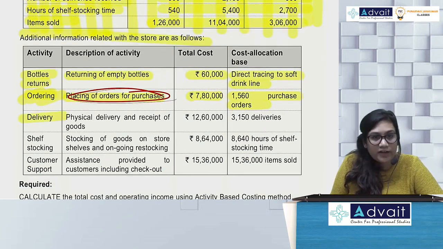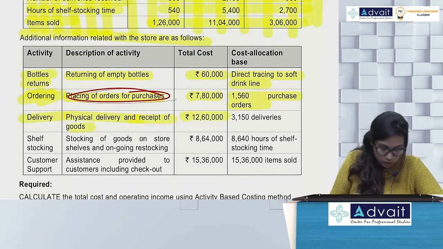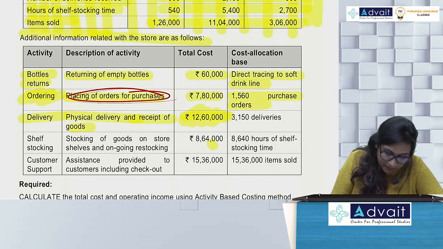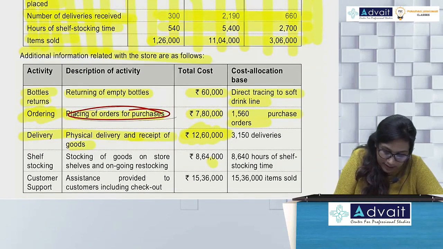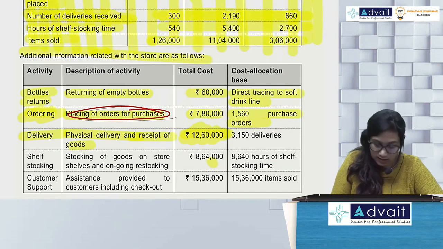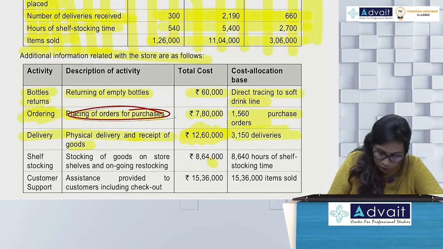Then the next activity is delivery. Physical delivery and receipt of goods, rupees 12,60,000. With this activity, this is the cost, and the cost driver will be number of deliveries, which they have given here. They have divided that between the 3 segments, but the total deliveries come up to 3150 deliveries.